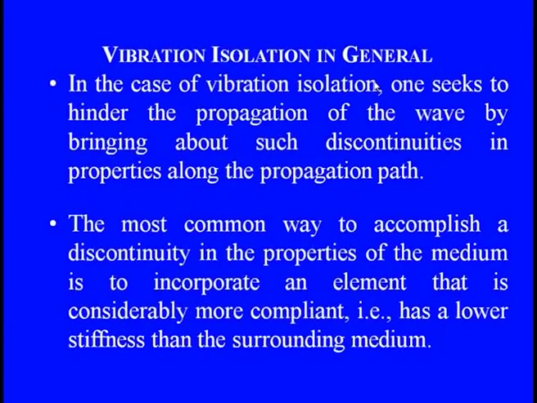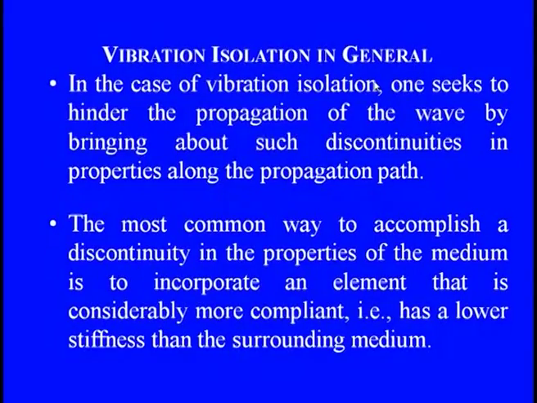In case of vibration isolation, one can straightaway seek to hinder the propagation, as we discussed, by providing some discontinuities in the propagation, just like we discussed that if we put some kind of wall or some devices through which discontinuities can happen.